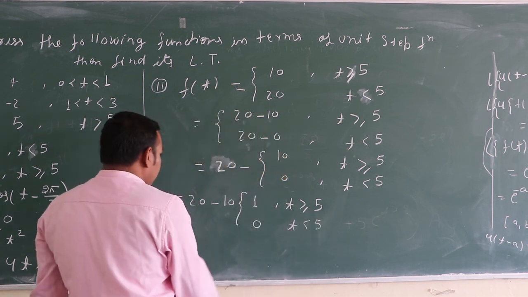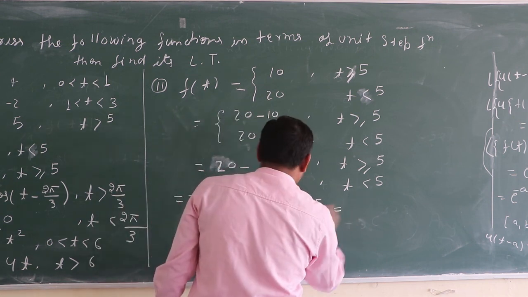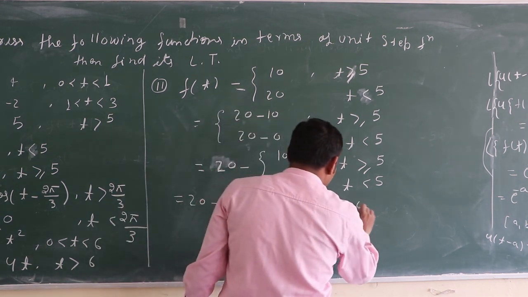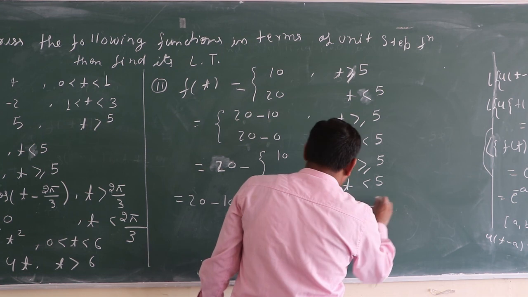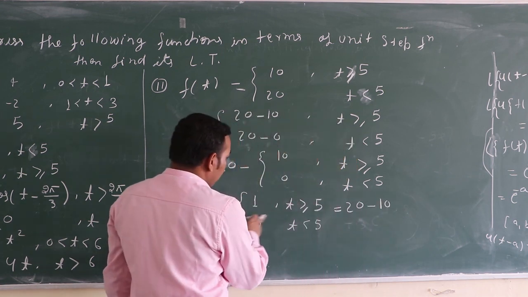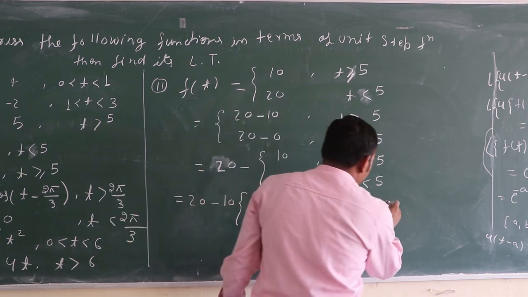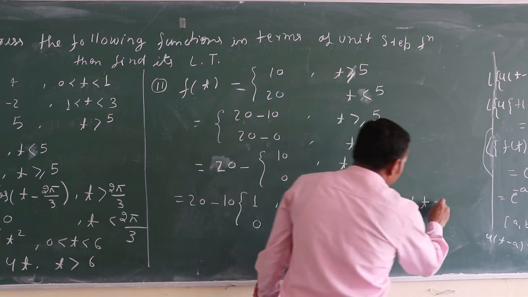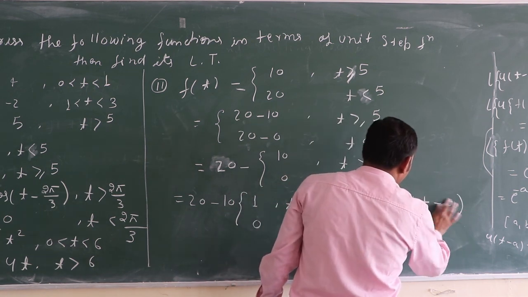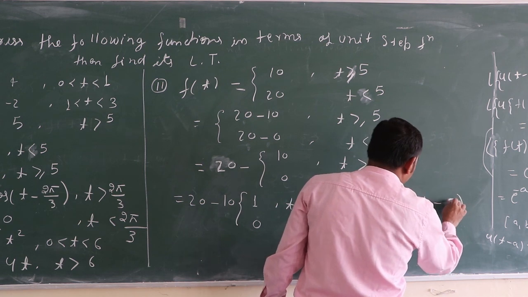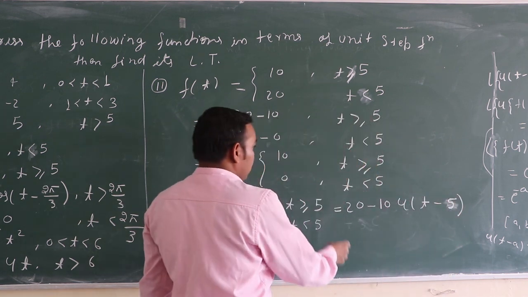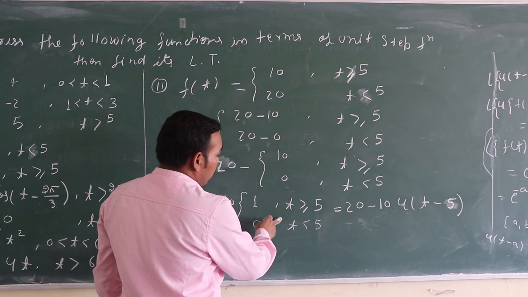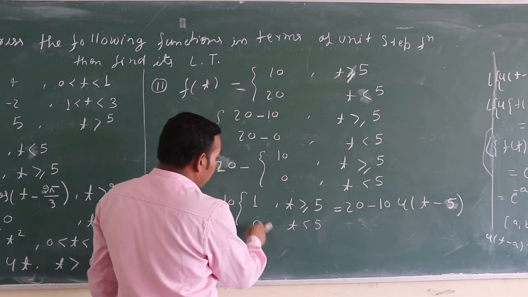If we write it in terms of the unit step function, that is 20 minus 10 times u(t minus 5), for t greater than 5.